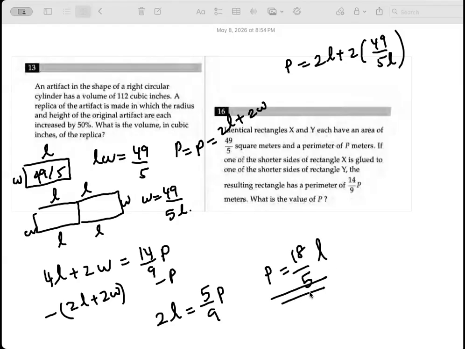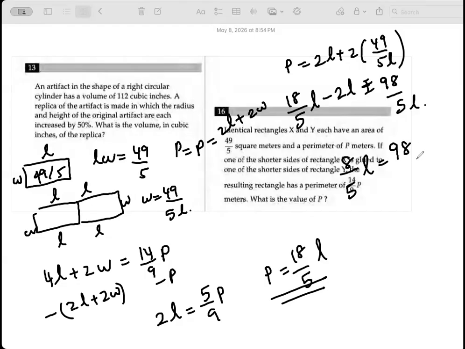Any questions, guys? Now plug this in there. 18 by 5L minus 2L is equal to 98 by 5L. Any questions, guys? Just solve this. So 8 by 5L will be equal to 98 by 5L.